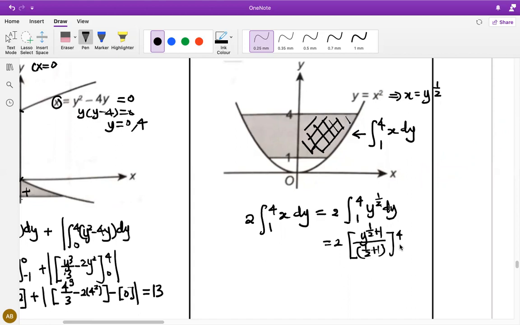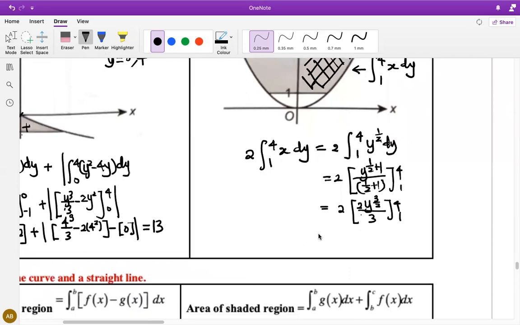Okay, and then 1 to 4. So therefore you may substitute in. Before that you will get y to the power 3 over 2, over 3 over 2 also, therefore it's 2 over 3, from 1 to 4. Then you can substitute the value in.